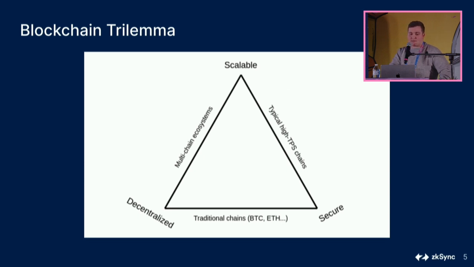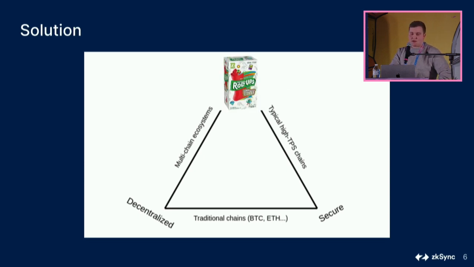But with rollups and a rollup-centric roadmap, we can actually offload the scalability down to the rollups. So Ethereum would only have to focus on decentralization and security while allowing rollups to really put an emphasis on the computation. And now, how do blobs roll into this whole thing?